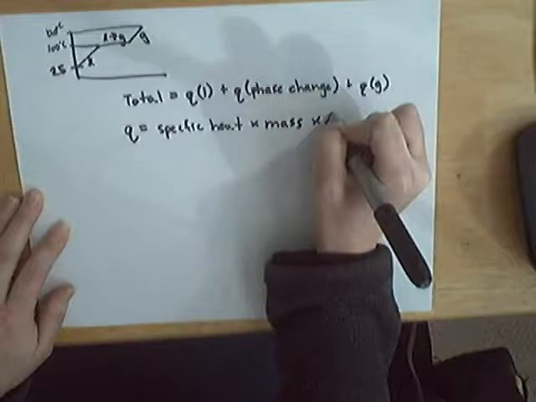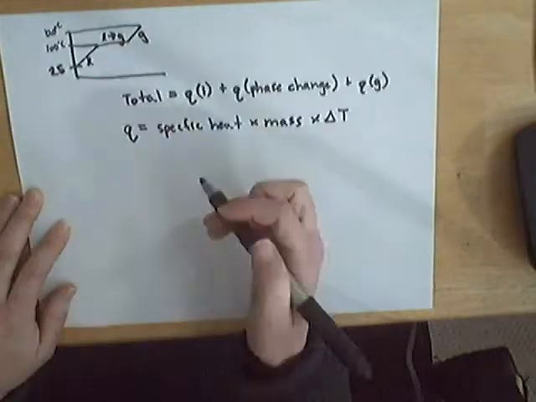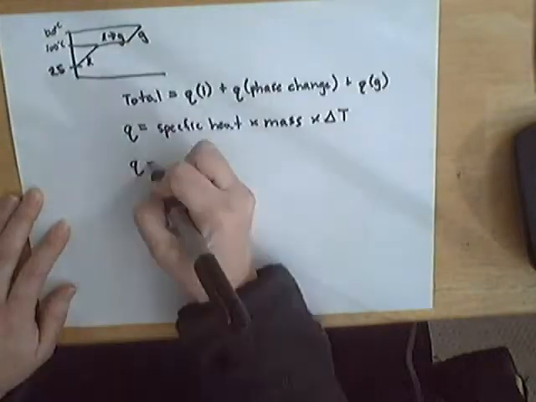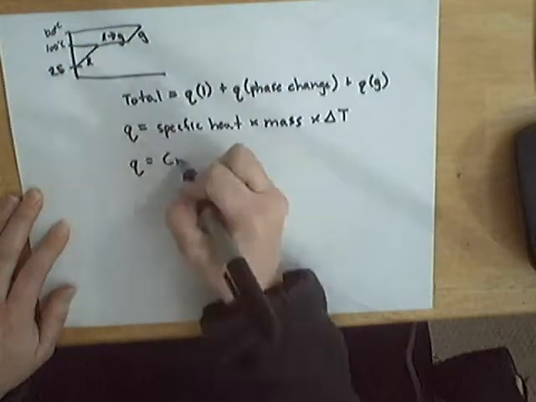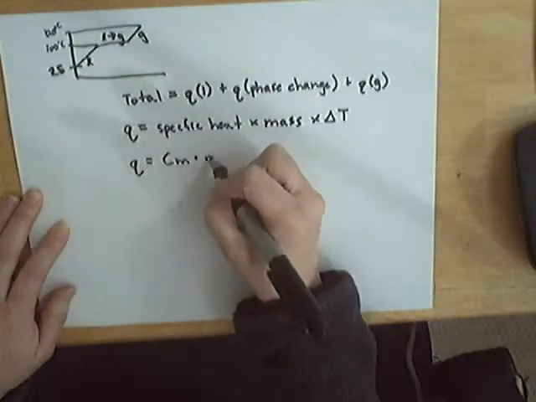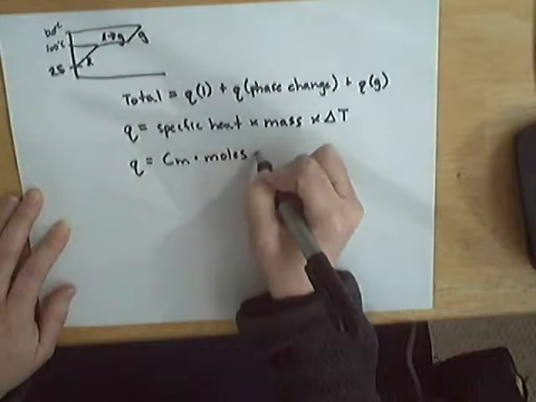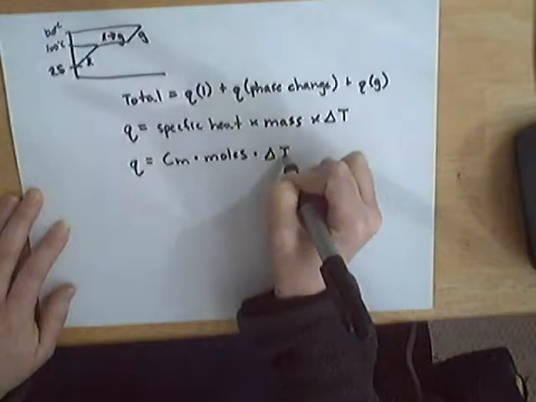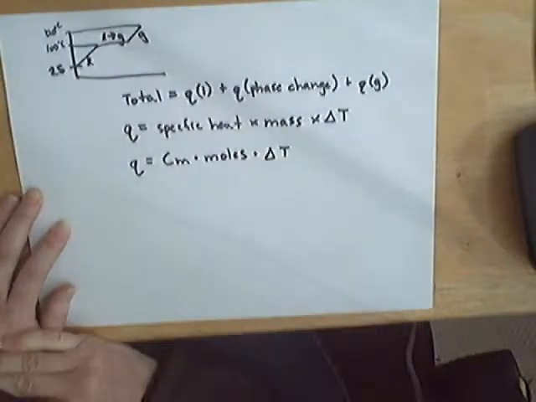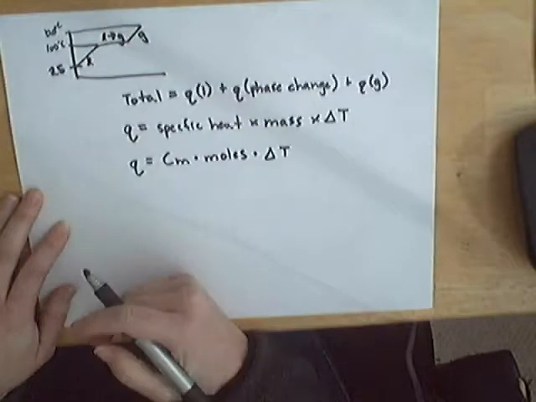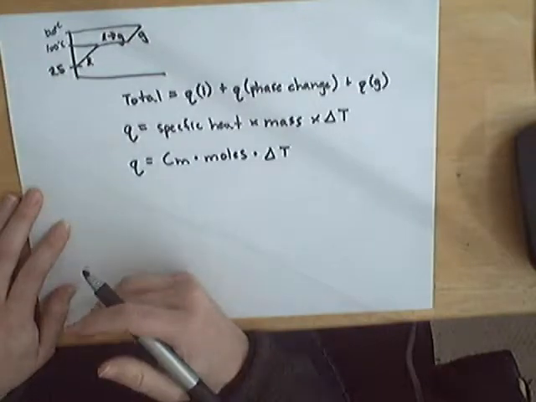So specific heat, the mass of the substance, and the change in temperature tell you how much energy is required to heat it. The other option is the molar heat capacity times the number of moles times the change in temperature. Both of these formulas work. The way you decide which one to use is based on what you're given for the information.